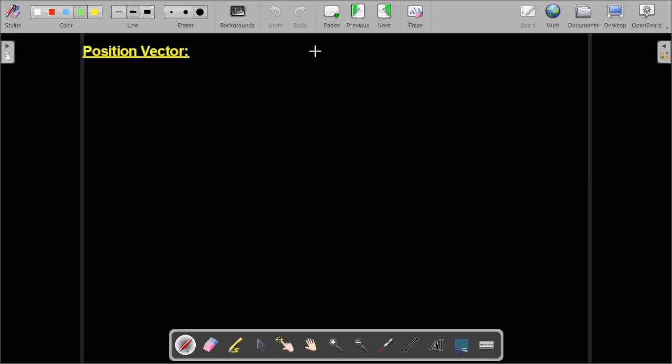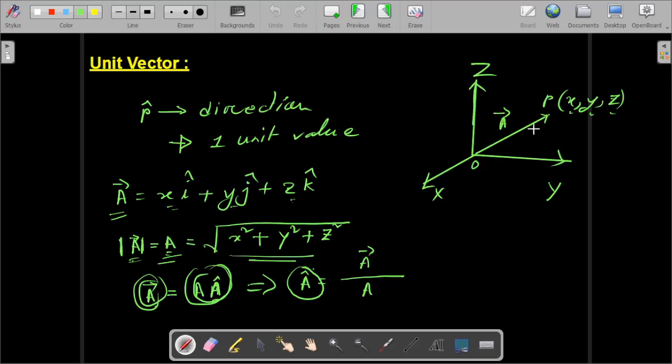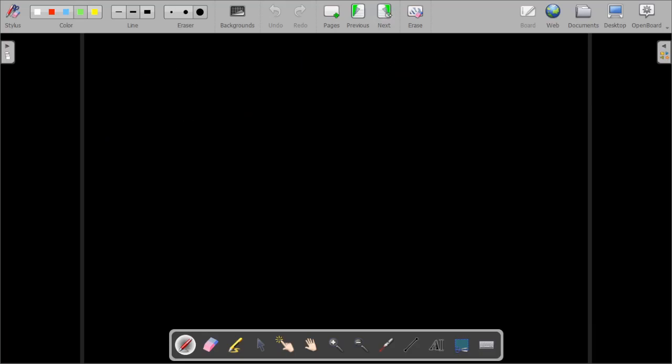Position vector. In the same way I have denoted already. This is also one position vector. Also, we are given points in three-dimensional space.